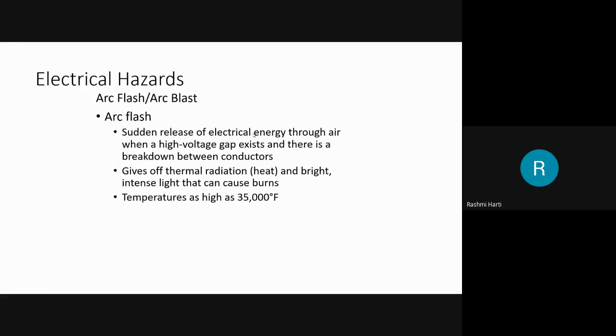It gives off thermal radiation, that is heat, and bright intense light that causes burns. The temperature is as high as 35,000 degrees Fahrenheit. So that's what we speak about the arc flash.